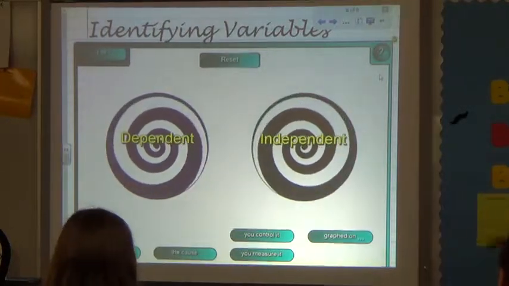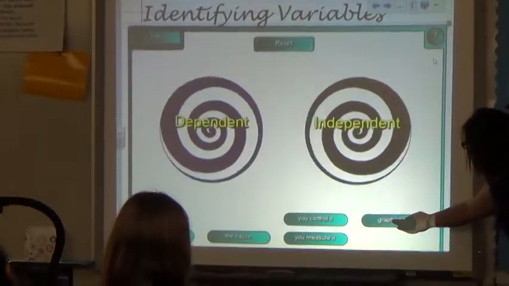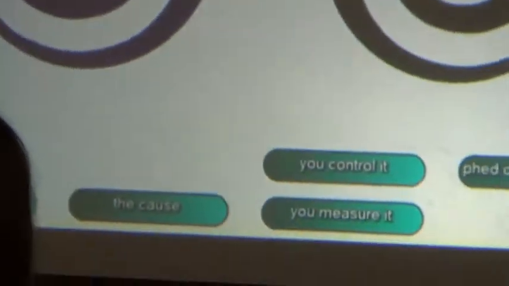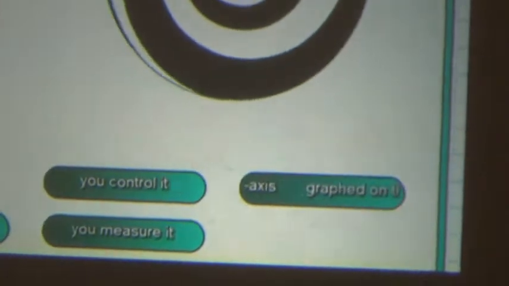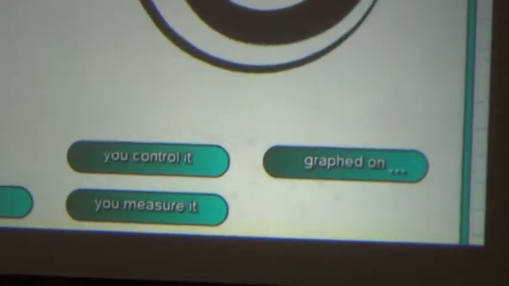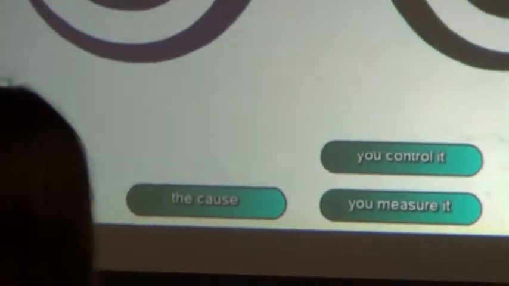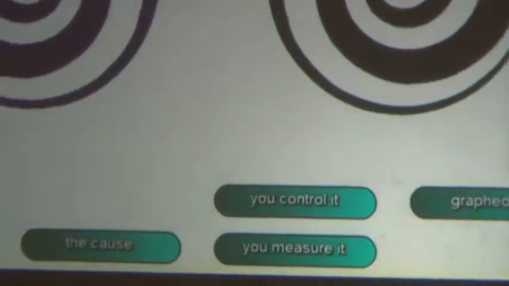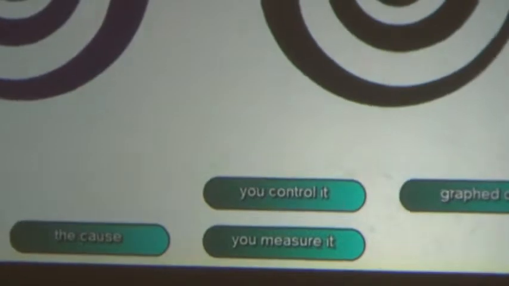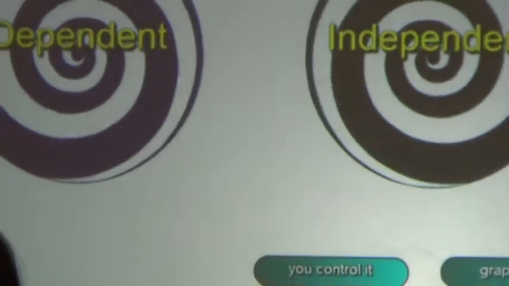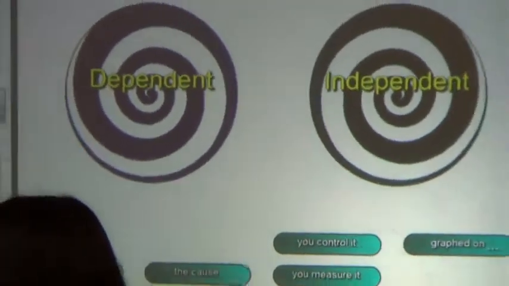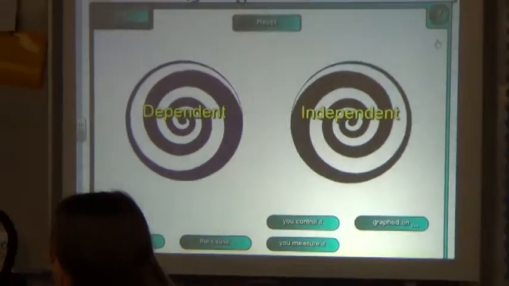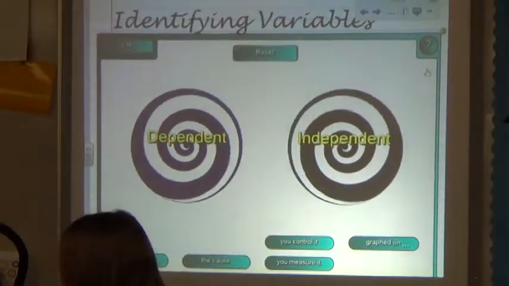Noelle, let's see if you know the answer first. It's graphed on the x-axis. Which variable is graphed on the x-axis? Do you know the answer? Are we even studying that? Yes, we did. Alex, come on up. Really?